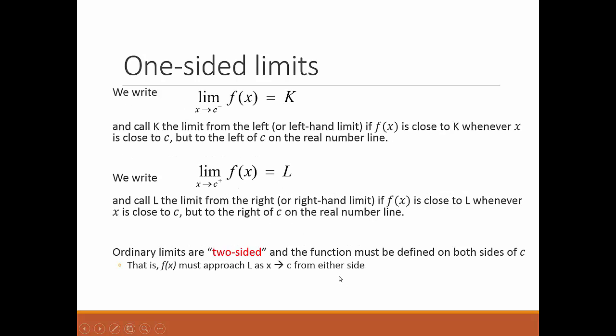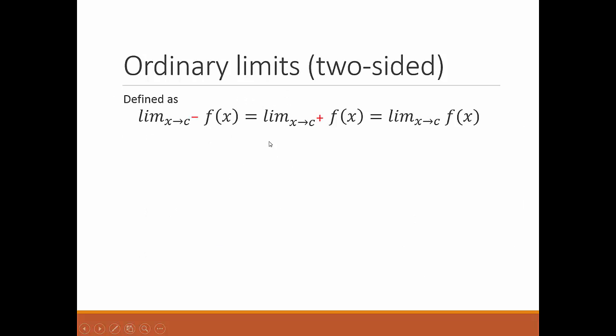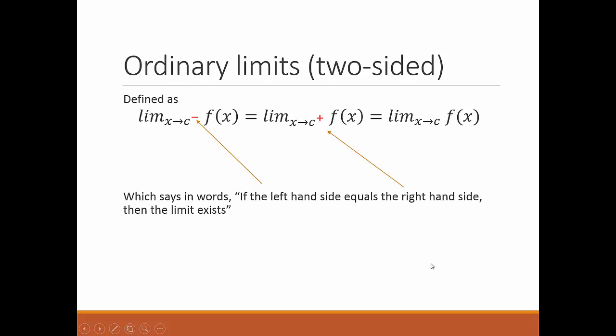Ordinary limits, what we started this conversation with, are two-sided limits. We just don't typically call them that. We just call them limits. And they must be defined on both sides of c. In other words, the function must approach the same limit from either side. How we define ordinary limits, two-sided limits, is the limit from the left must equal the limit from the right, and then you have your limit.